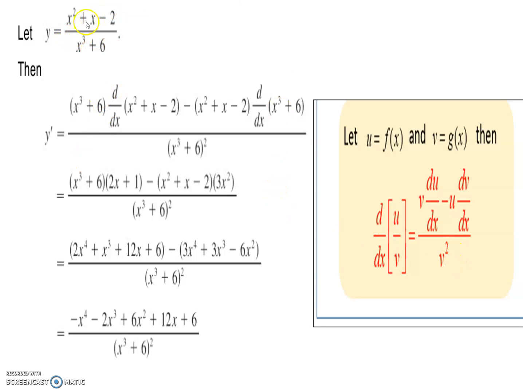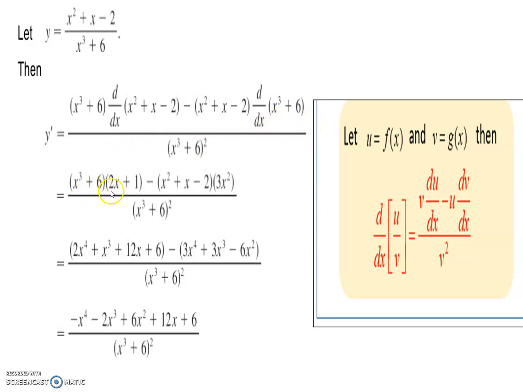Now our u term is x square plus x minus 2, and v term is x cube plus 6. So the denominator is x cube plus 6 whole bracket square, that is v square. Then v, x cube plus 6, times the derivative of x square plus x minus 2, minus x square plus x minus 2 times the derivative of x cube plus 6.